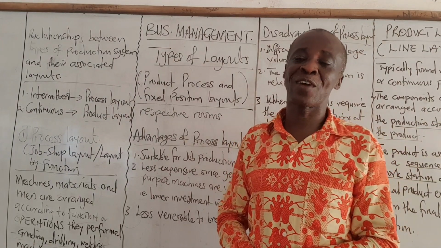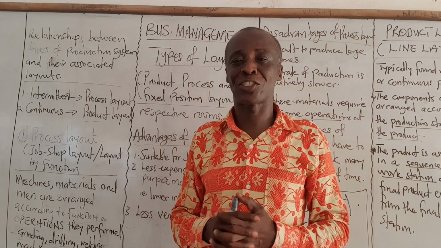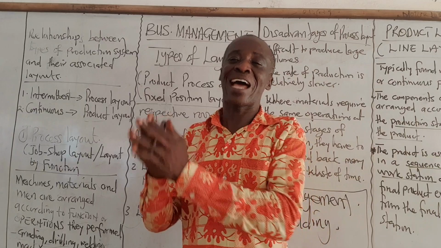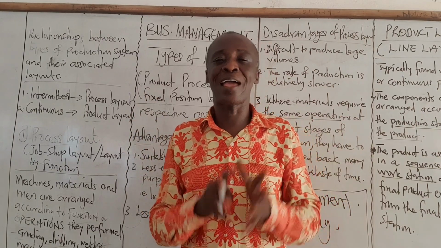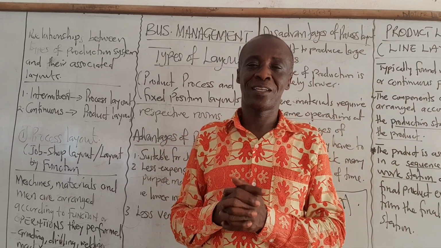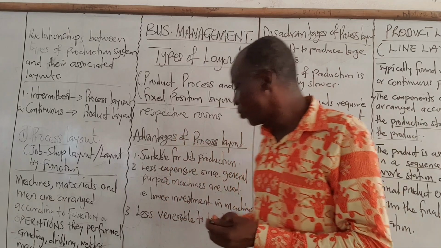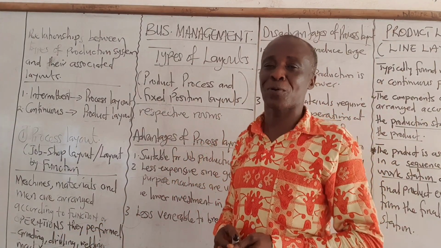Why are you saying that? Very simple. You are using general purpose machines, and these machines are located in different places. So if a particular machine is spoiled, other machines can work. For example, you are using the grinding machine and it is spoiled.